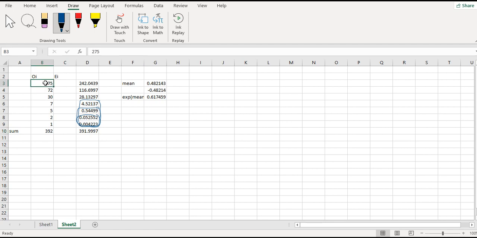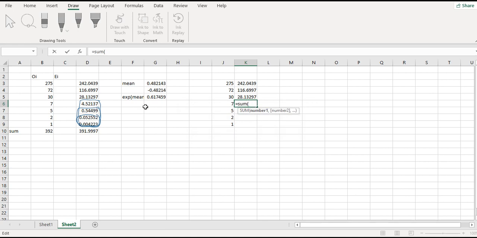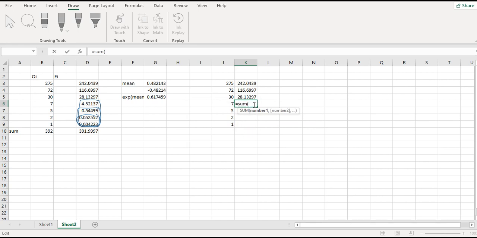So what can we do? I'm going to copy this data, Control Shift Down, Control C, let me paste it here, Control V, and I'm also going to copy this data, first 3, and now the next one is the sum of D6 to D9.